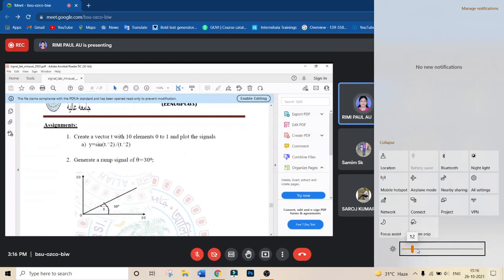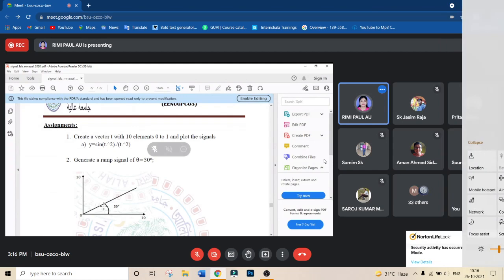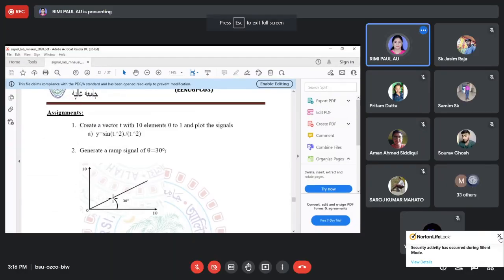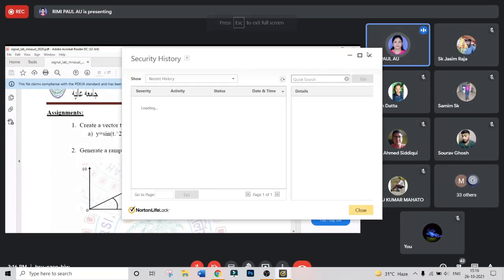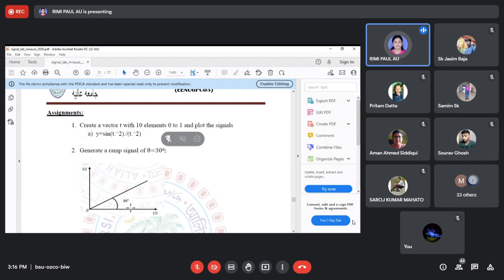Already how to write the ramp function problem is given, but you know that for 30 degree we can find m from tan theta. So from this you can find out what would be the m, so y is equal to mx. From this you can find out what would be the ramp signal, and from this you have to write the MATLAB program.